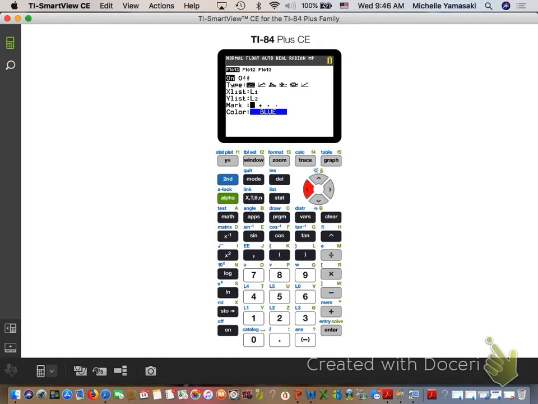I'm going to keep it as the box, but I'm going to make it a different color. So I'm going to arrow down to the color, and I'm choosing magenta. And then I'm hitting enter, and then I'm going to go back to, now, I've turned on my stat plot.